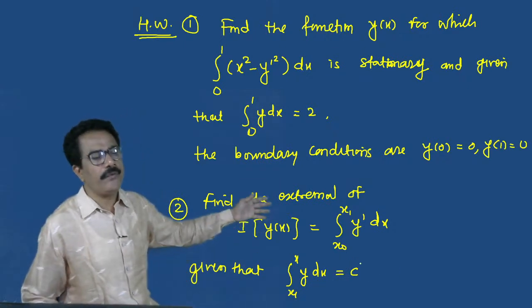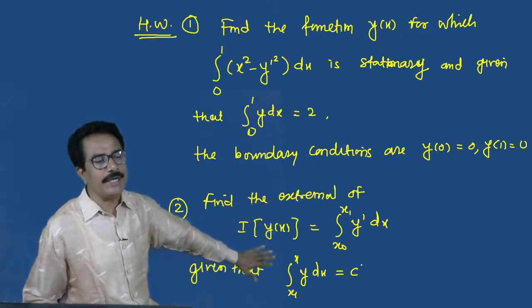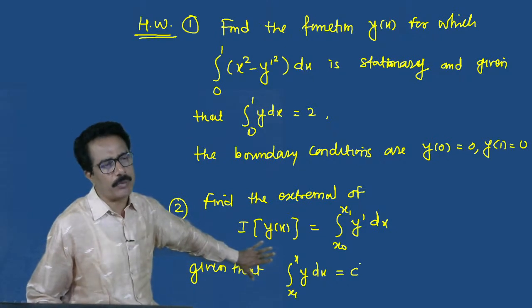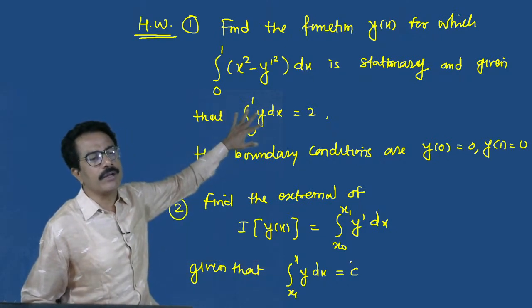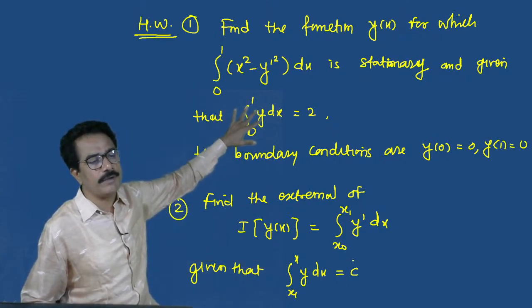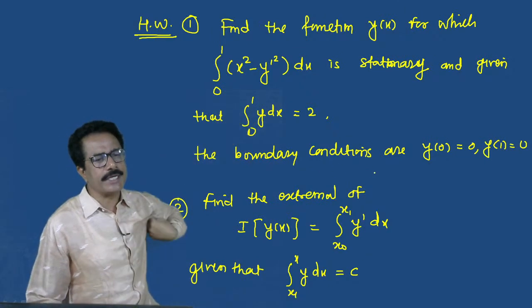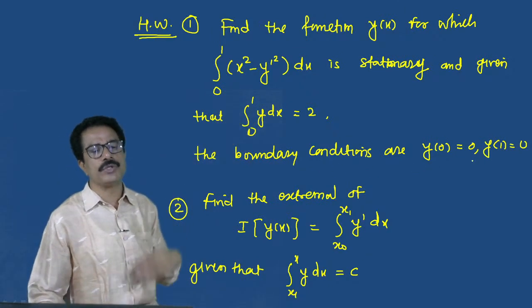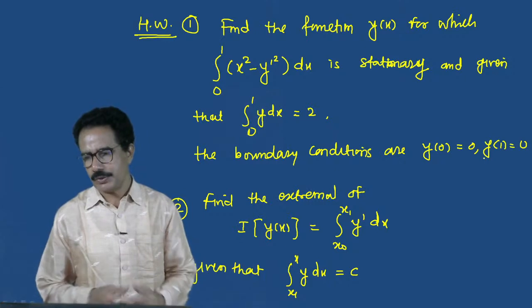Okay, now you have to find out the general solution of the second problem. We have to find out the particular solution of the first problem. इथं बाउंड्री कंडिशन दिलेत y of 0 is equal to 0, y of 1 is equal to 0.